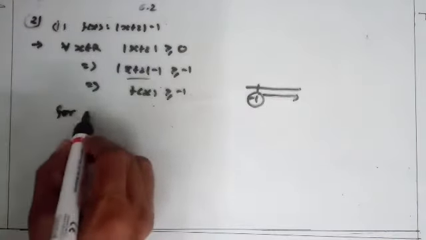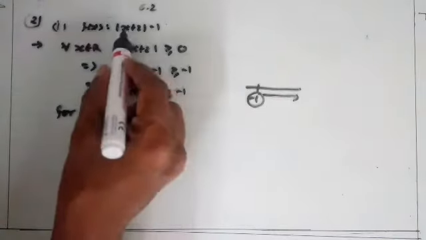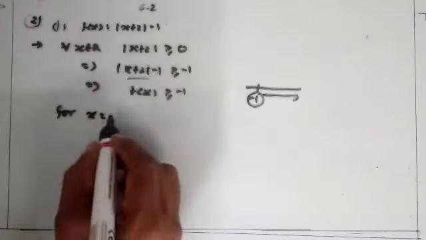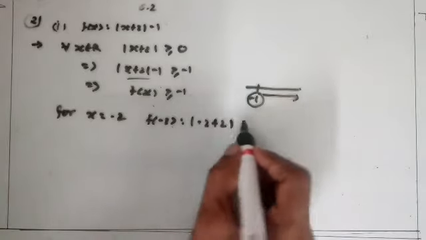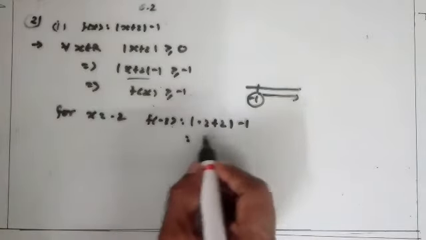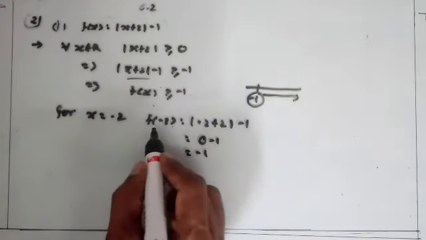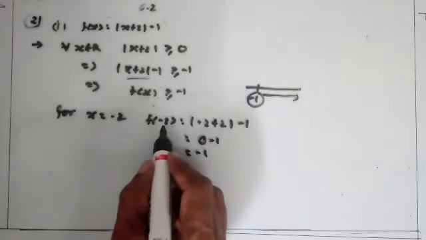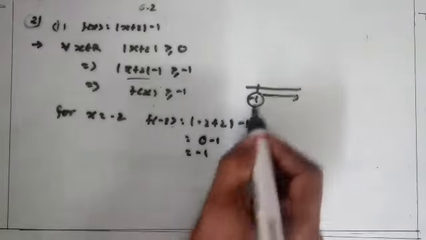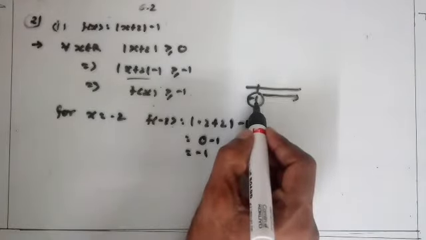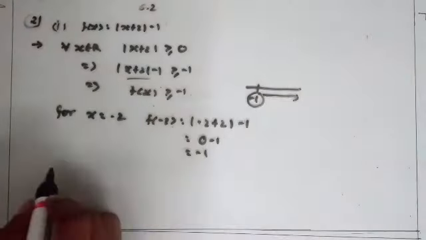For x = -2, f(-2) = |-2 + 2| - 1 = 0 - 1 = -1. So the value of the function at -2 becomes -1. That means the minimum value is -1.